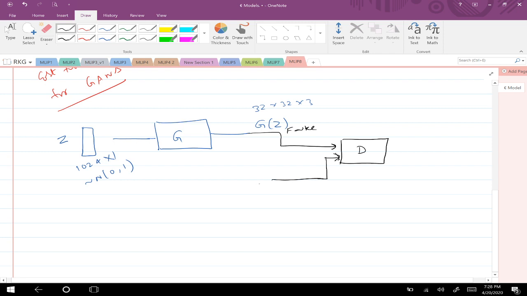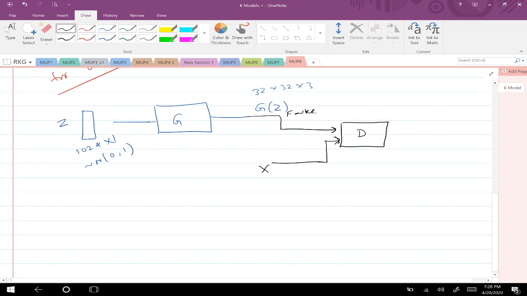And then the real sample it also looks at. Let x be the real sample. Then the discriminator's job is to say d of x, its output, goes to 1. Discriminator usually has a sigmoid activation or a softmax layer at the end, and hence it is a classifier network in some sense.